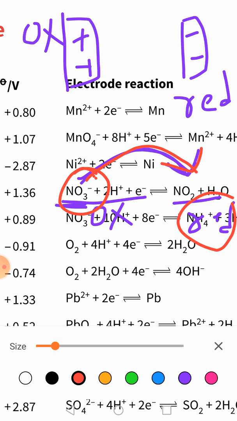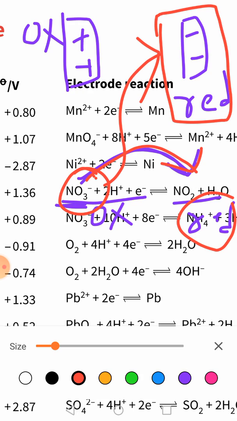Now tell me, at which electrode does reduction occur? Yes, again, reduction occurs at the cathode, which is the negative electrode. So nitrate has to get reduced to become neutral, and for reduction nitrate has to go to the cathode.